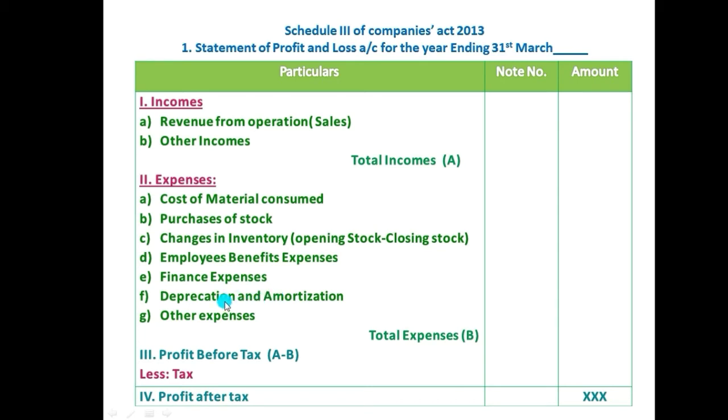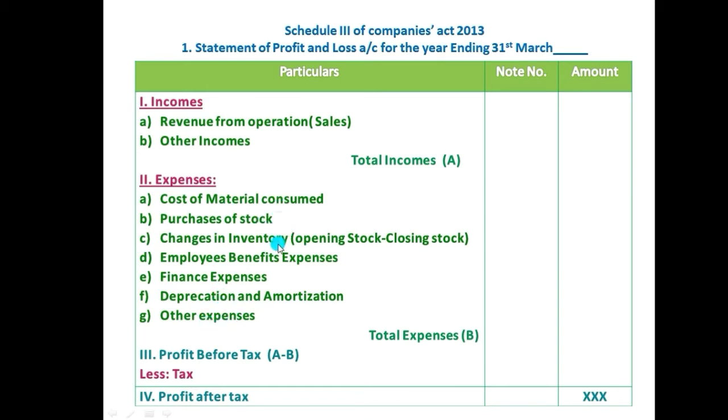If any assets decreased, we record under depreciation and amortization. If tangible assets decreased, we record under depreciation. If an intangible asset decreased, we record it as amortization. So any loss on assets of the company, we record under depreciation and amortization. Next is other expenses. The expenses which do not come under these categories, we record under other expenses.